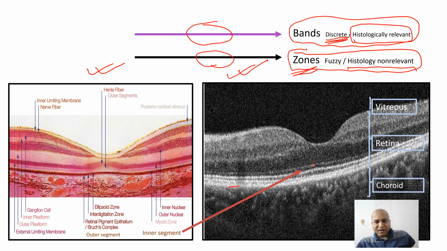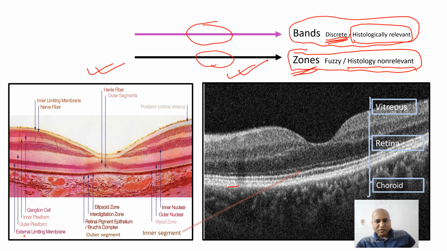And this is the inner segment which is seen bisected by the ellipsoid zone, and here we can make out that this central hyperreflective line is the ellipsoid zone or the inner segment outer segment junction, and on both sides we have the outer segment and the inner segment of the photoreceptor.